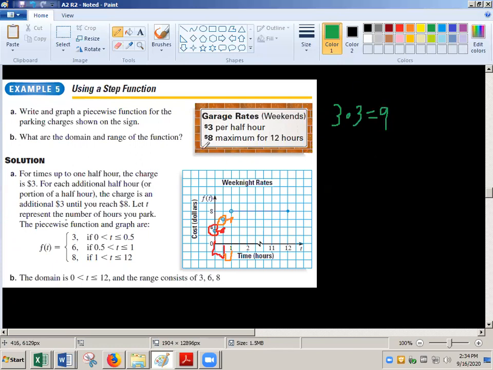Well, we don't pay $9. Instead, there's an $8 max for 12 hours. So here's where now I get this open circle here, and we get our horizontal line out to 12. So in terms of what this looks like as a piecewise function, it would look like this. $3 from 0 to 1/2, $6 from 1/2 to 1, and $8 from 1 to 12.